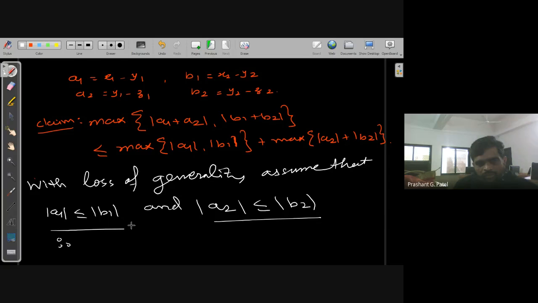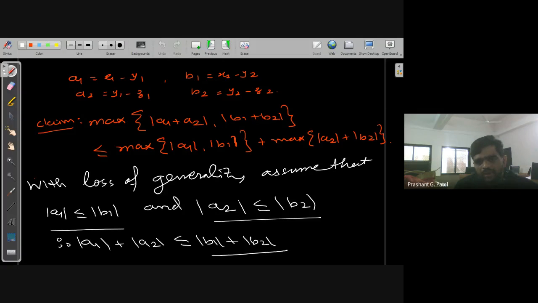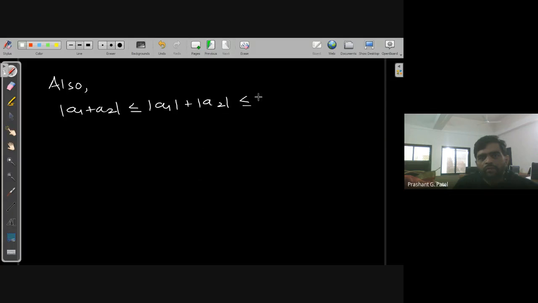So therefore, if we have this, we can say that |a1| plus |a2| is always less than or equal to |b1| plus |b2|. That is also true because both numbers are positive numbers, not negative numbers. Also, one note: for |a1 + a2|, by the triangle inequality we can say that it is at most |a1| plus |a2|, and due to the previous thing this is less than or equal to |b1| plus |b2|.